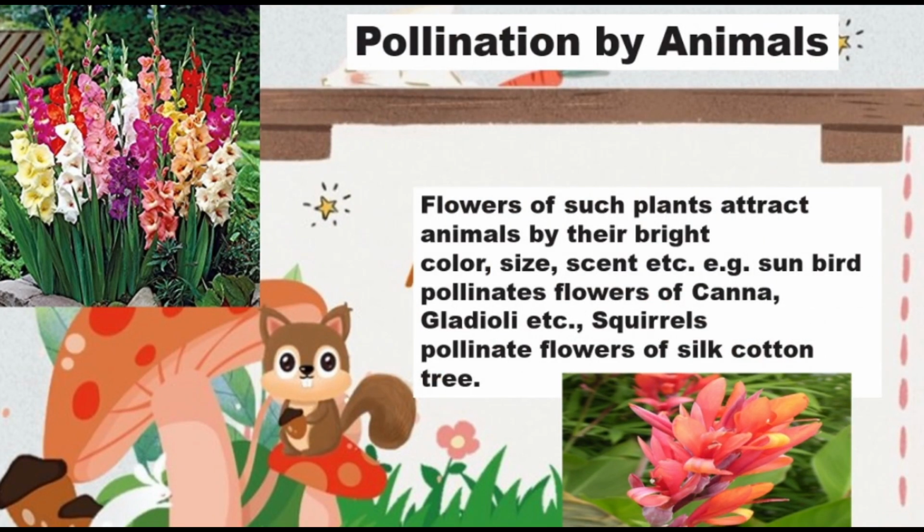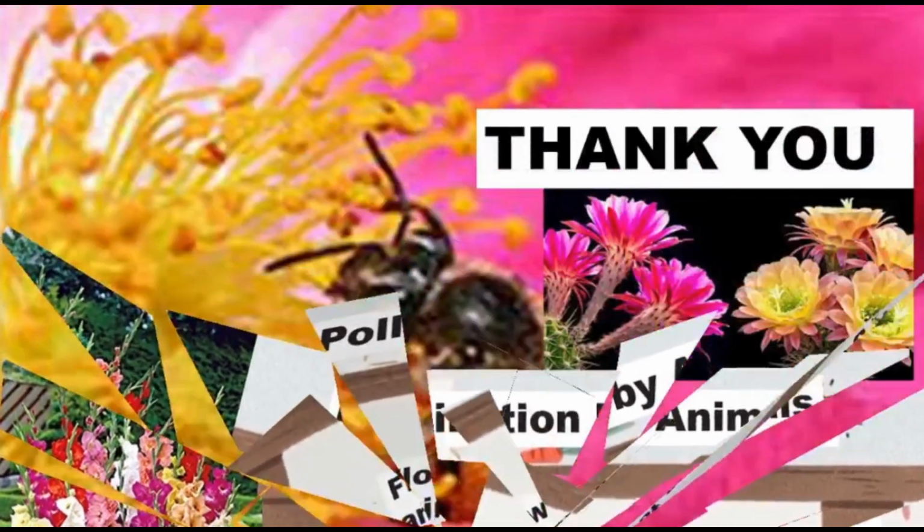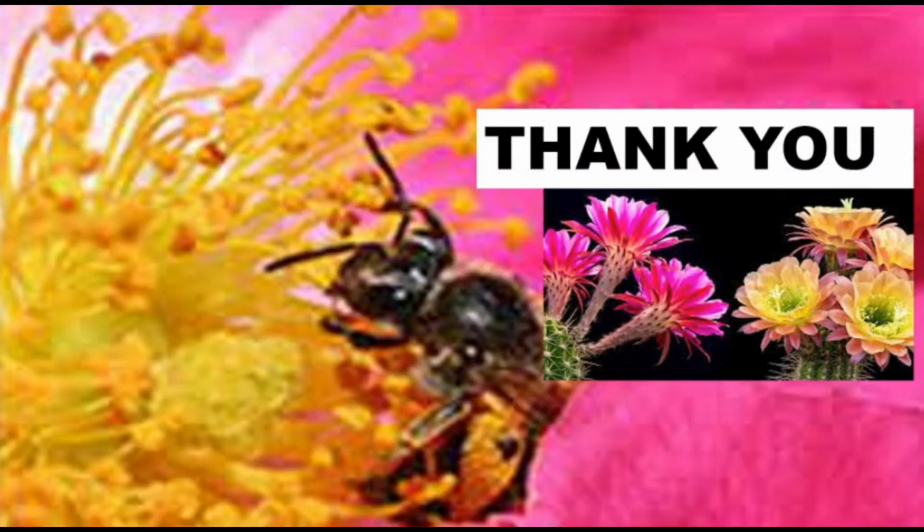The flower is also brightly colored, so it may produce nectar and be big in size. In such a way the flower is attracted by the animals, and the animals carry the pollen grain from one flower to another flower. Thank you.